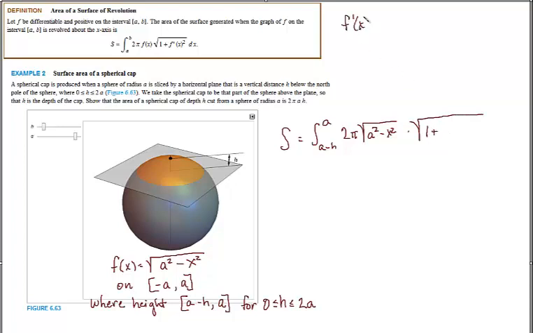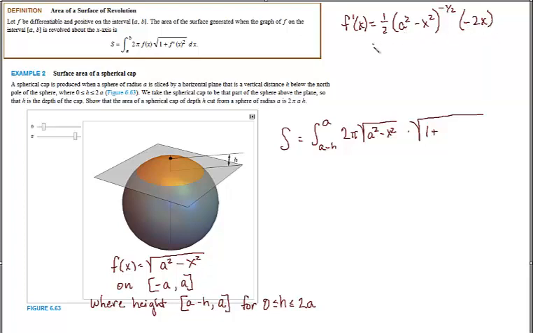Taking this derivative with respect to x, that's going to be a 1/2 out front, the a squared minus x squared, then the 1/2 minus the 1 will be -1/2, and then multiplied by the derivative of the inside, which is -2x.